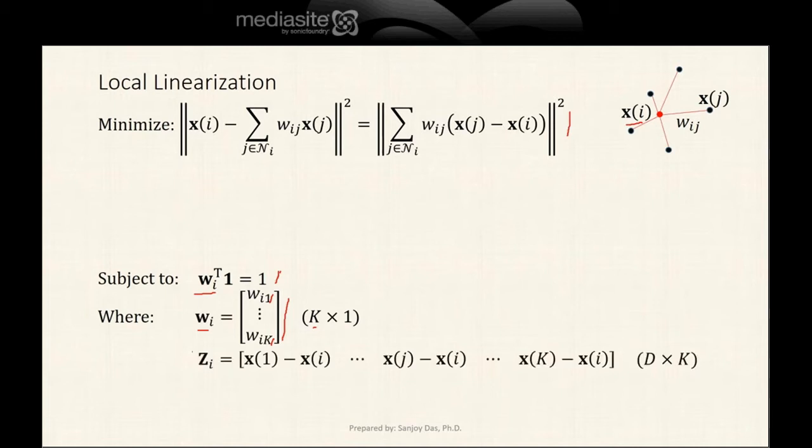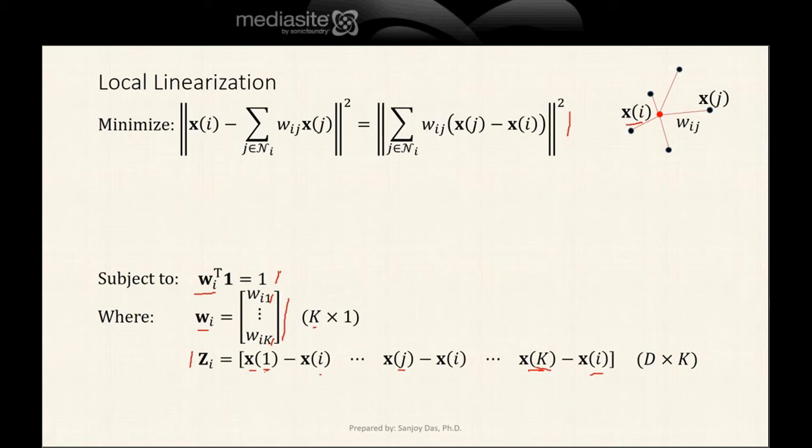Now, I let this matrix Zi be equal to x1 minus xi up to xk minus xi. Now, this 1 until this k here, these are not the actual indexes of the sample points. I just used this numbering 1 to j here and k here simply to denote the k nearest neighbors of xi.